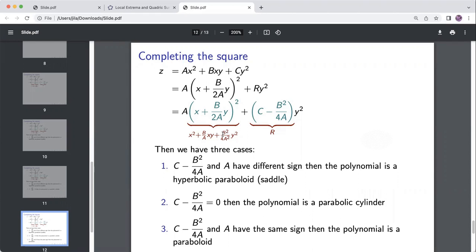So the approximation is either going to look like a hyperbolic paraboloid, or a parabolic cylinder, or a paraboloid, basically. And what I'm not saying in here is that these are all under the condition that when we started, not all of a, b, and c were zero.